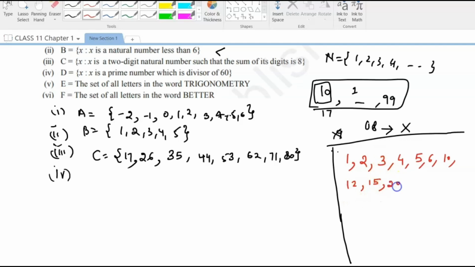And then 20 divides 60, 30 divides 60, and then 60 divides 60.